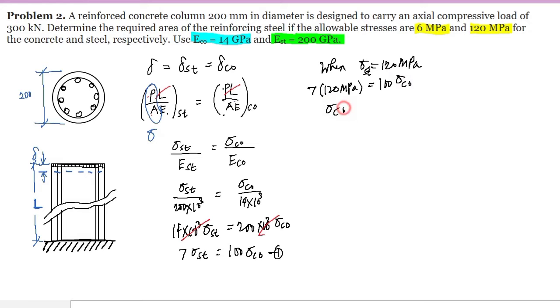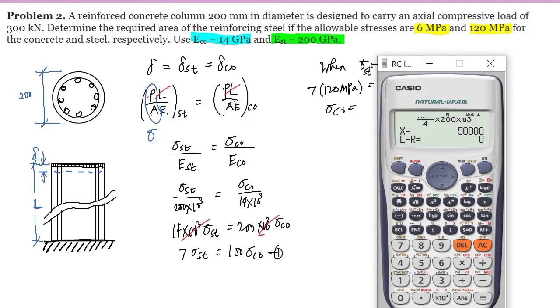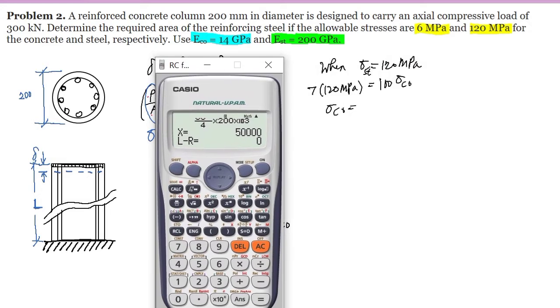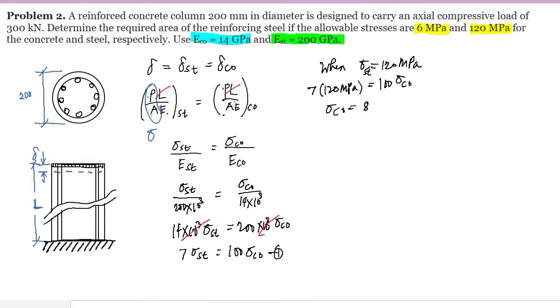So we compute the stress in concrete: 7 times 120 equals 100 times x. Shift, solve, equals, and we have 8.4 MPa. So 8.4 MPa exceeds the allowable stress, which is 6 MPa. So meaning this is not okay.